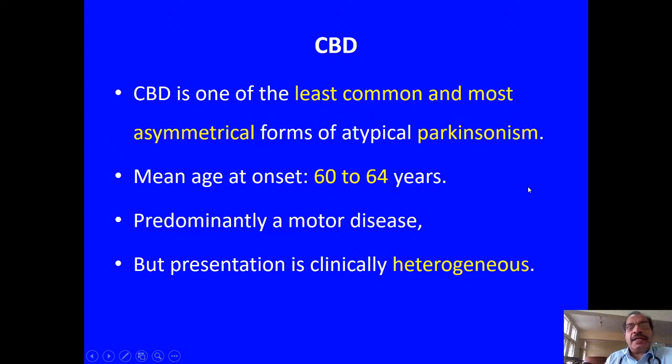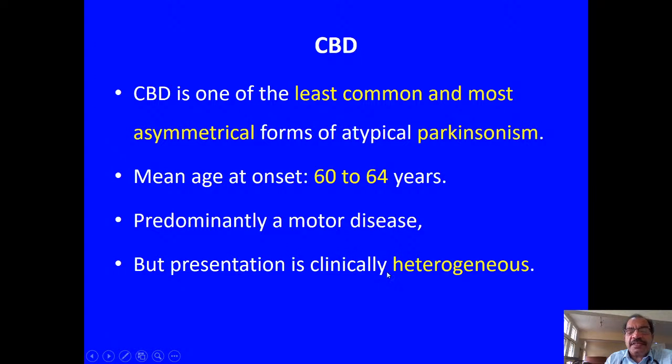If you compare the incidence with the other types of Parkinsonism plus, it is relatively less common, even less common than PSP. Most of the time people affected are in the 6th and 7th decade of life. The patient may have a predominantly motor disease, like some apraxia, alien hand, or rigidity.